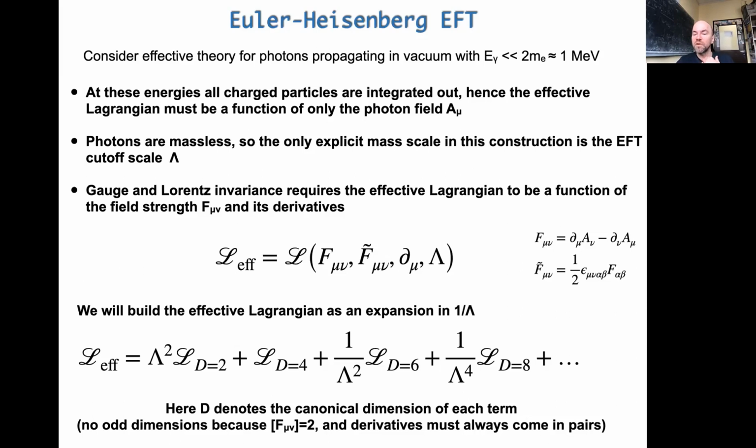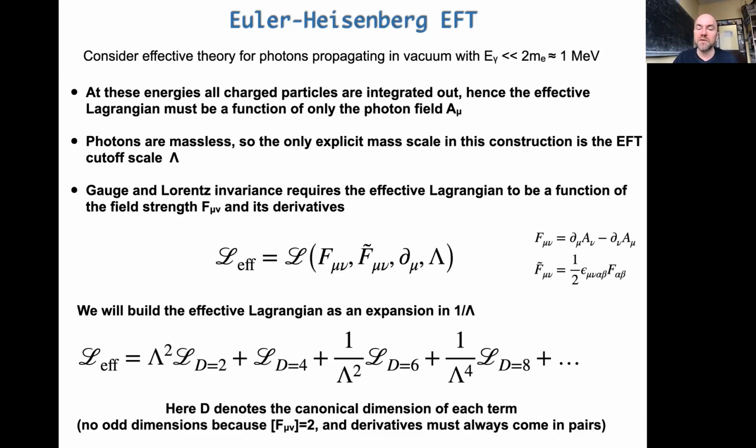The photon field always has to come in a specific combination, which is called the field strength. This is what I wrote on the right-hand side: F_mu nu is equal to d_mu A_nu minus d_nu A_mu. This is the gauge invariant combination of the photon field, and the effective Lagrangian has to be built out of this combination.